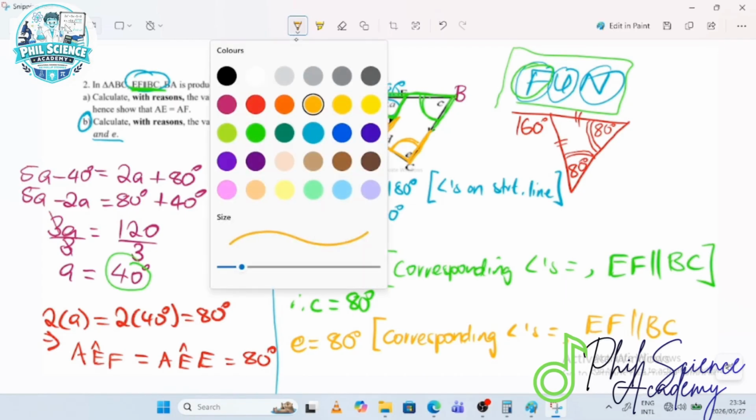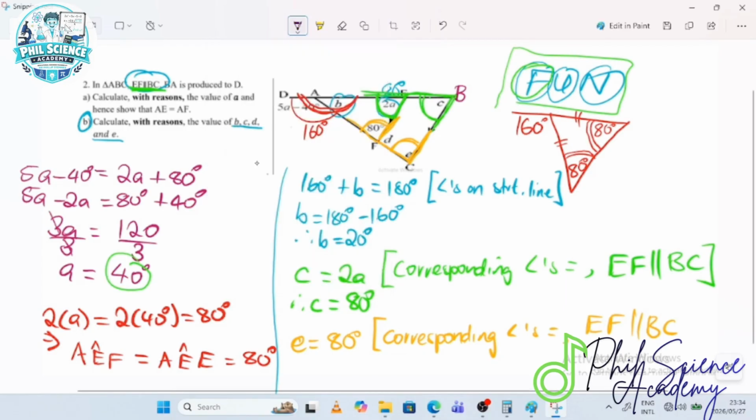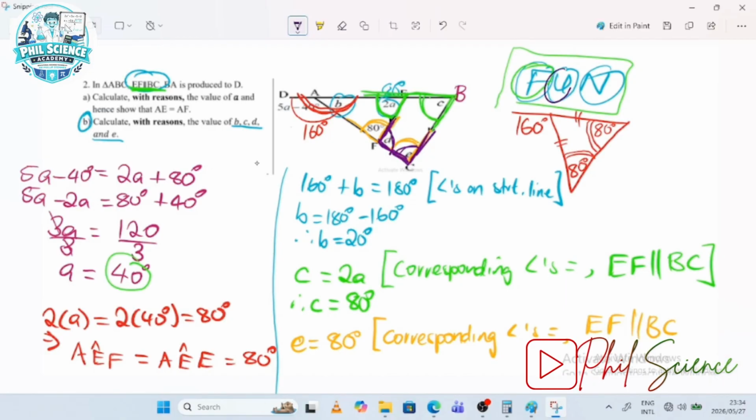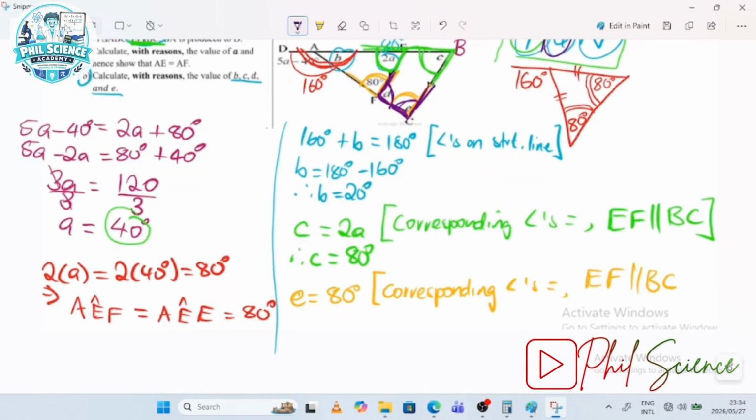And then let's look at another one. We can see something else here. There is a U being formed here. This angle and this angle form this U, which are called interior angles. Therefore we can state that D plus E is equal to 180 degrees.